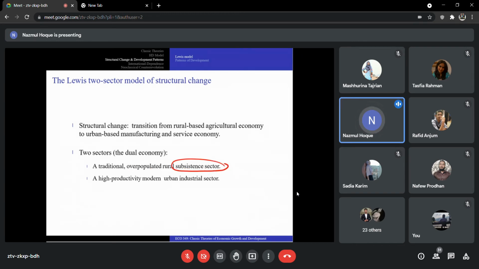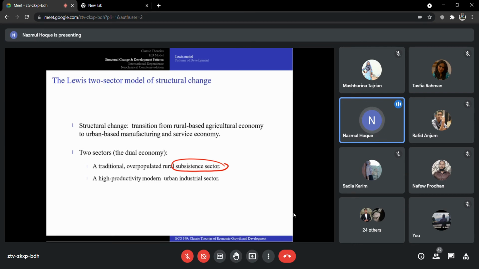I think I asked you what is subsistence economy in one of the quizzes, right? In the first quiz. Yes, sir. So, subsistence economy basically means people generally produce goods and services for their own consumption, not for marketing or selling, not for commercial purpose.